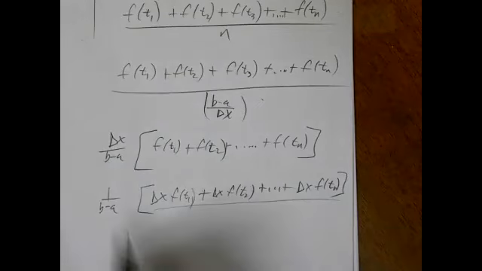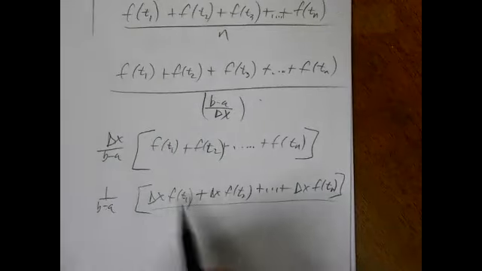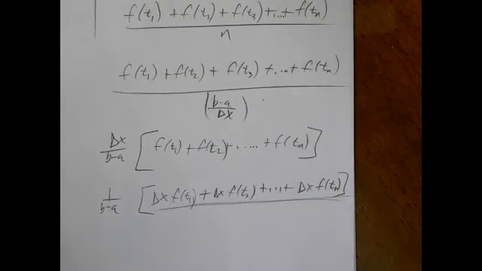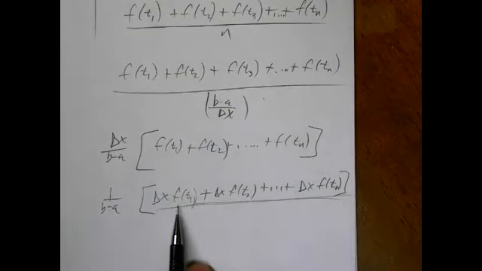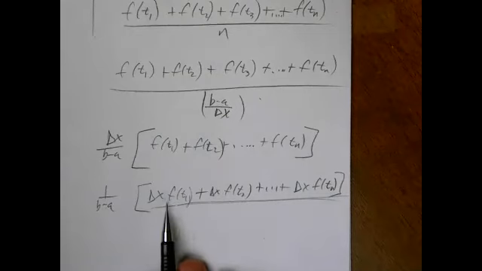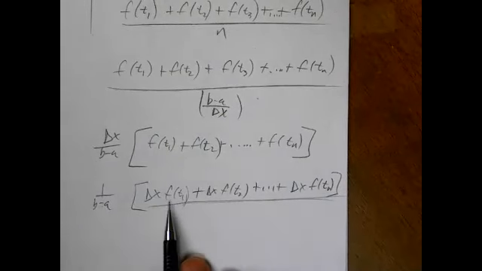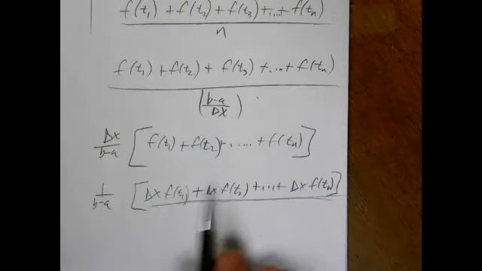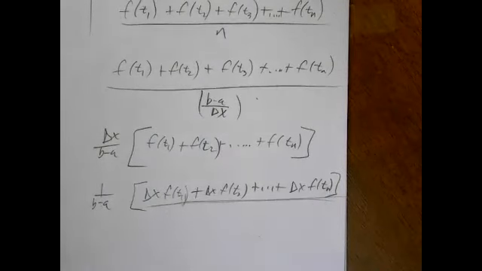Ignore the 1 over b minus a. This is what we did when we were trying to approximate the area under the curve of a continuous curve with a finite number of rectangles.